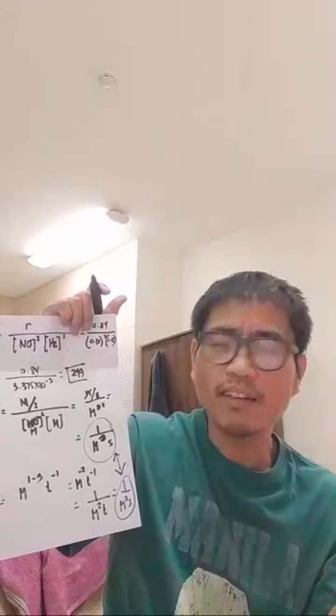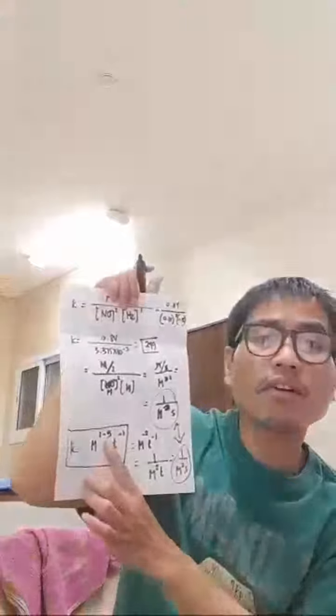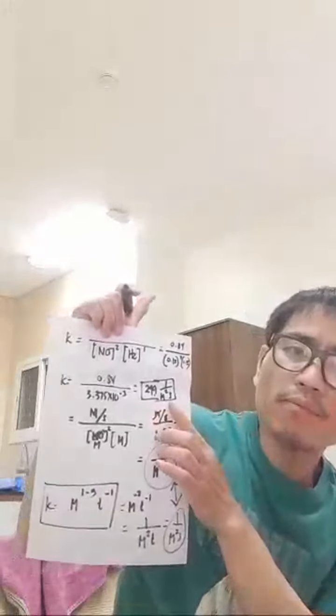As long as you substitute in the equation, which is K is equal to M to the 1 minus N. So our K here is 249, with units of meter to the power 2, square meter second. So our reaction rate constant is 249, 1 over M squared S.